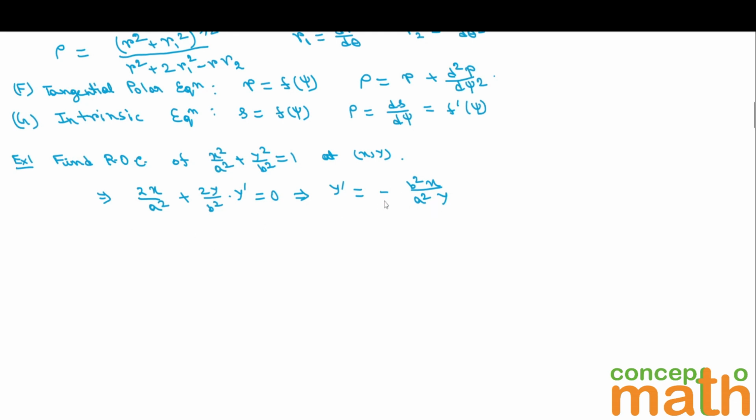So from here, if we try to find the double derivative y double dash, this will be minus b square by a square into (y into 1 minus x into y dash) by y square. Value of y dash is again minus b square x by a square y.